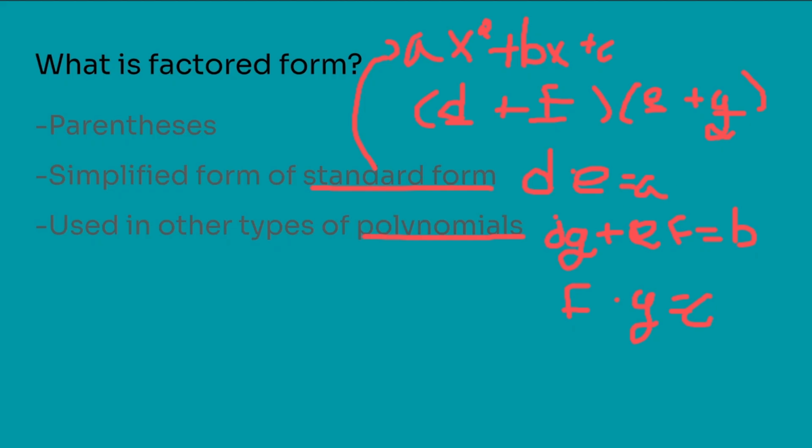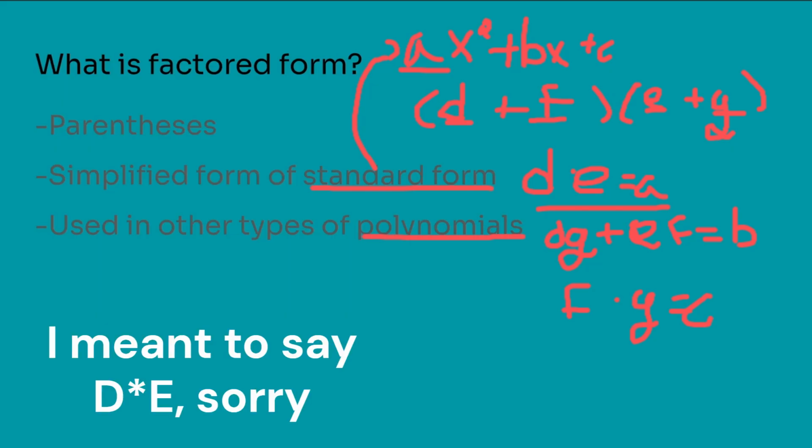Let's work on this one first. This means that the values of d multiplied by e will always be equivalent to a. So if a equals 1, d times e will equal 1.